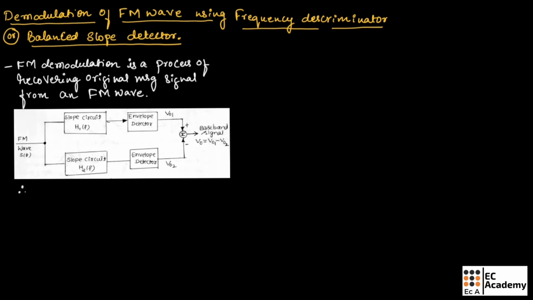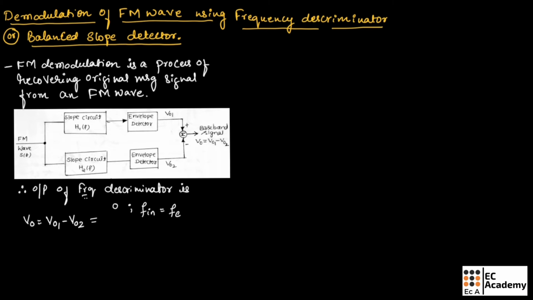Therefore, the output of frequency discriminator or balanced slope detector is V0 is equal to V01 minus V02. This will be 0 if the input frequency is equal to the carrier frequency Fc.